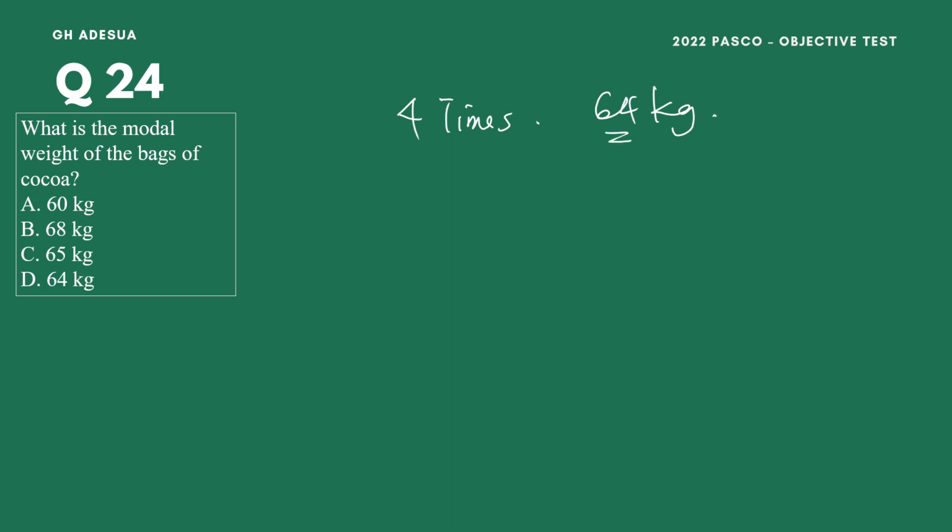The 4 appeared 4 times in the sixth stem, stem 6, 4 repeated itself. The stem and leaf plot has it as 64 in kilograms. So that is D, answer D. Now let's move on to question 25.